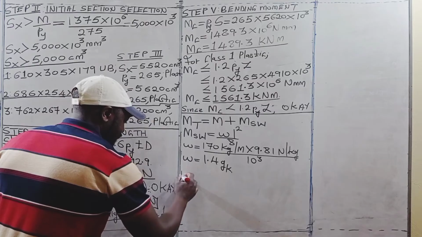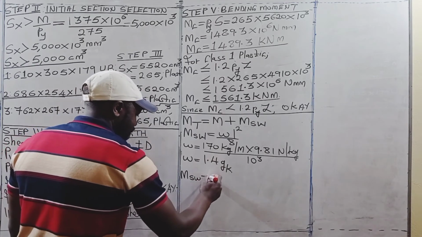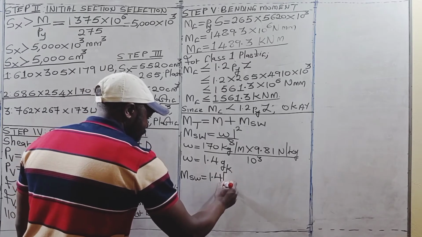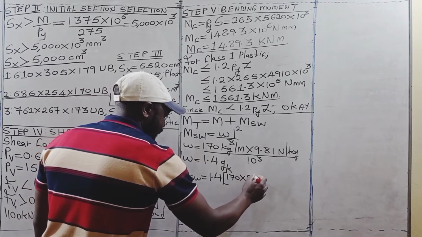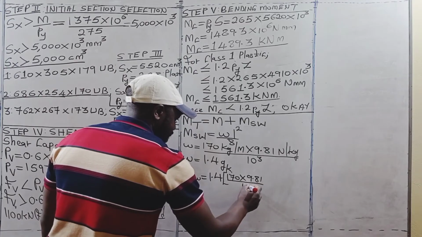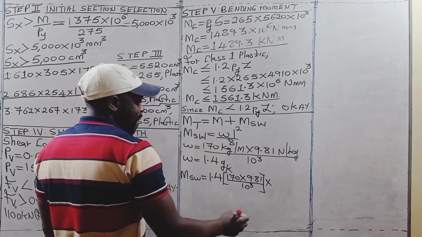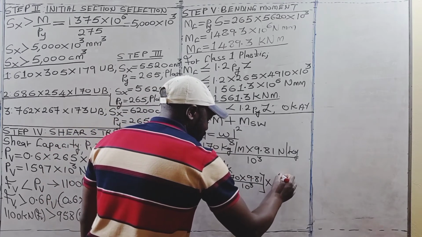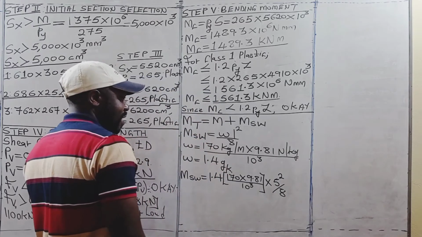Therefore, the moment due to self-weight of the beam will now be given by 1.4 multiplied by 170 times 9.81. Then we divide this by 1,000. Then we multiply that by the square of the span of this beam, which is 5 squared, and then we divide that by 8.